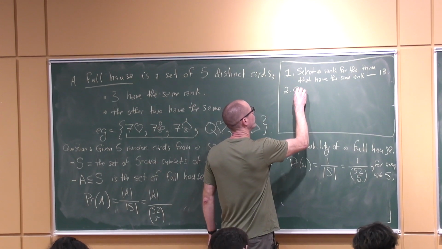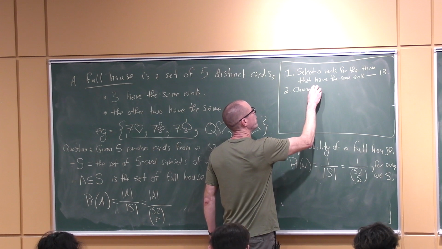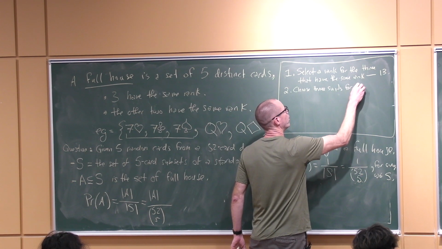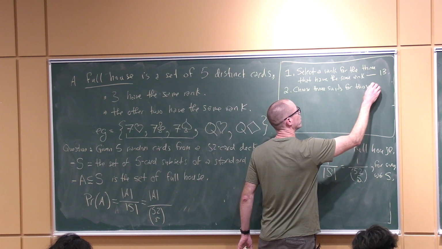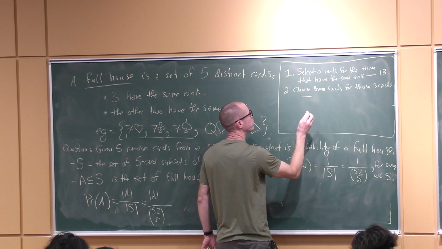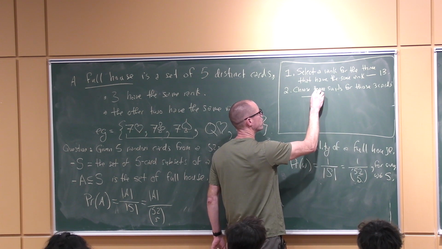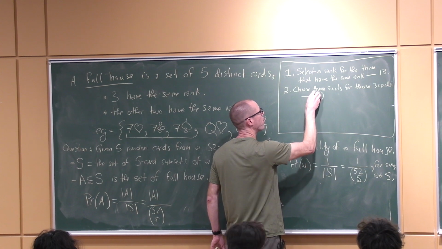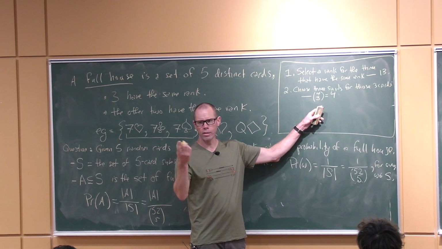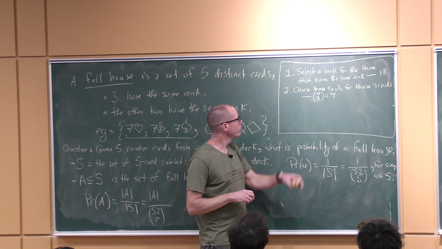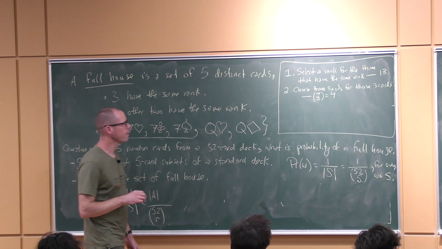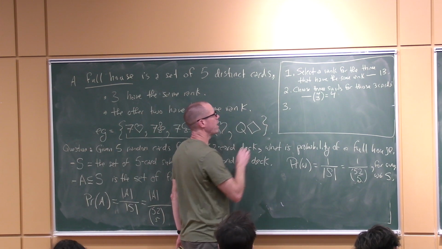So choose 3 suits for those 3 cards. And the number of ways to do that, there's 4 suits. I need to choose 3 of them, which happens to be the same as 4 choose 1, as you've noticed, and we've discussed many times, which is just 4. Okay. All right. Next step.